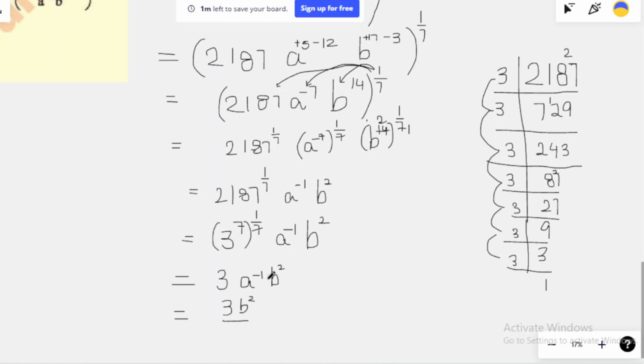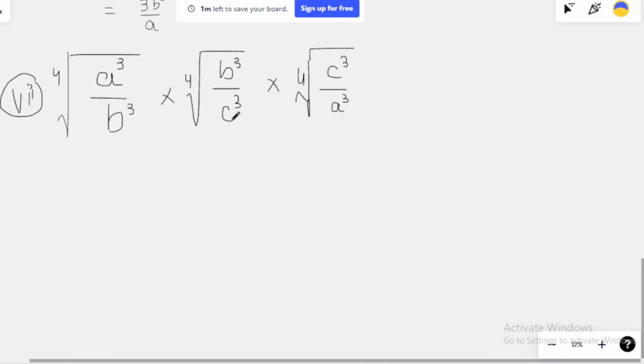So whenever you have a negative exponent, just move it from the numerator to the denominator, or if it's in the denominator, move it to the numerator. So right now it's in the numerator, and to make it positive, we'll just flip this and move it to the denominator. So that will be this simplified form.